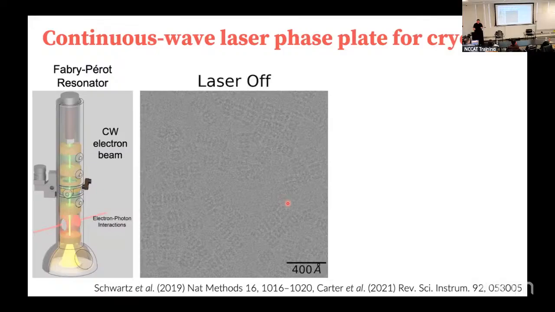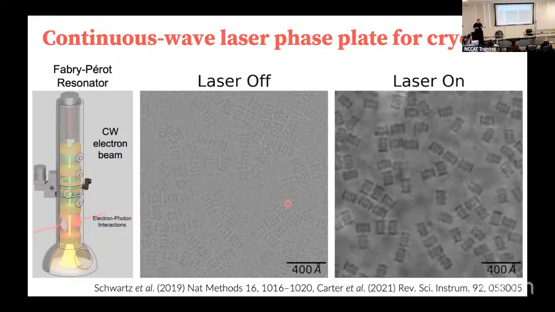If you then use the resonator, where you have this laser bouncing back and forth and interfering with the electron beam, you can now see that the contrast is dramatically enhanced. The proteasome is now much, much higher contrast, so you can see much more detail.